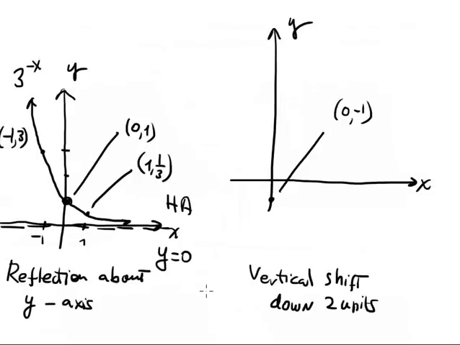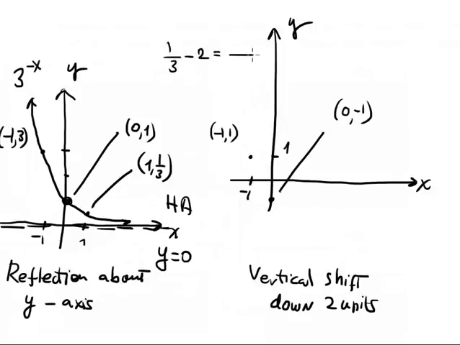This point, negative 1, 3, becomes negative 1, 3 minus 2 is 1. This is negative 1, 1. And the other point is 1/3 minus 2.